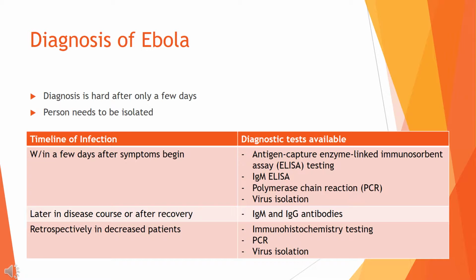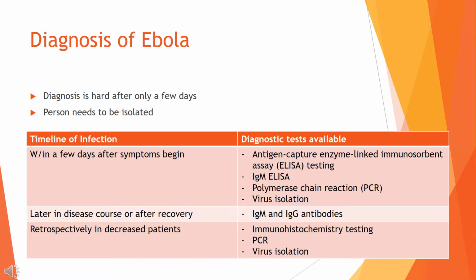However, a person should be isolated and should notify public health authorities if they have had early symptoms of Ebola and have had contact with blood or bodily fluids from a person sick with or who has died from Ebola, objects that have been contaminated with the blood or bodily fluids of a person sick with or who has died from Ebola, infected fruit bats and primates, or semen from a man who has recovered from Ebola. Samples from the patient can then be collected and tested to confirm infection.